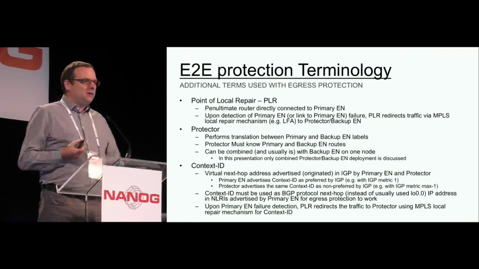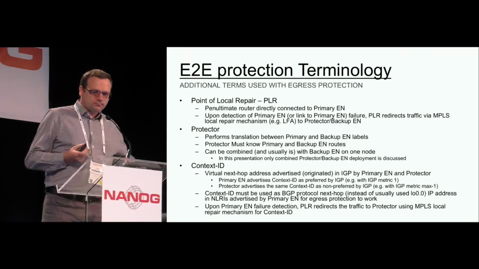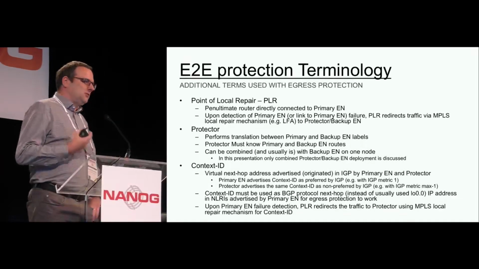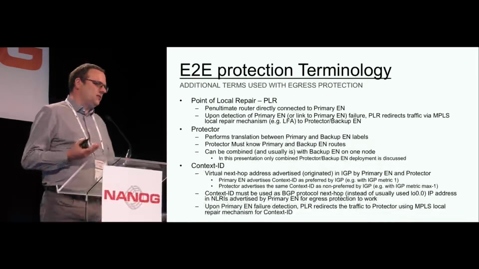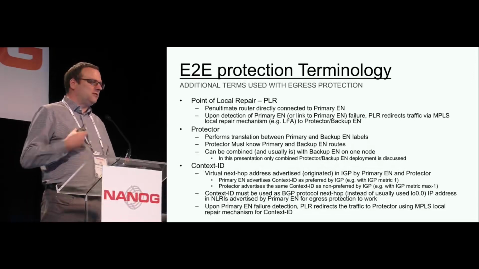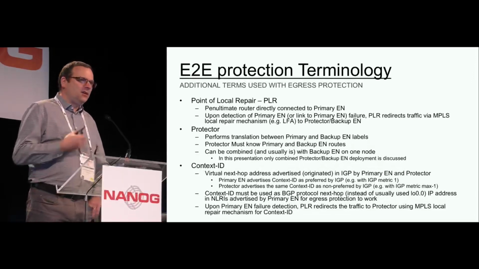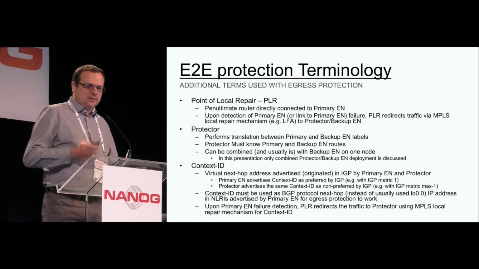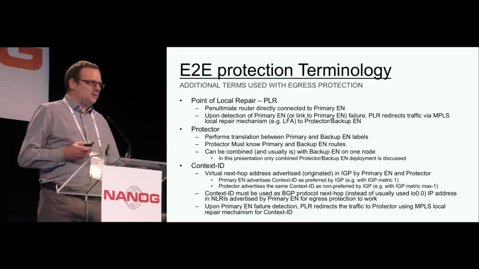Why do we use that? Because later on, we'll advertise this virtual context ID from two egress PEs. And because of that, we'll be able to do LFA or remote LFA, so we'll be able to switch over inside the network to another PE. So this is the context ID.